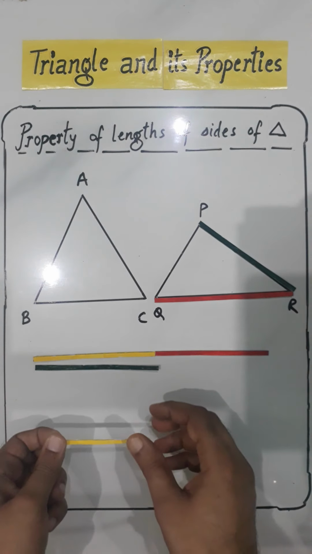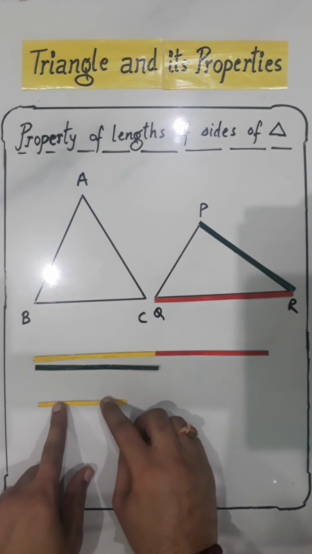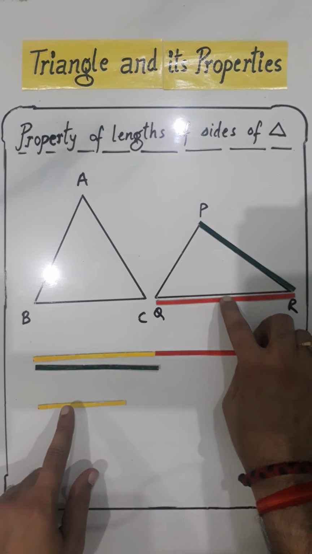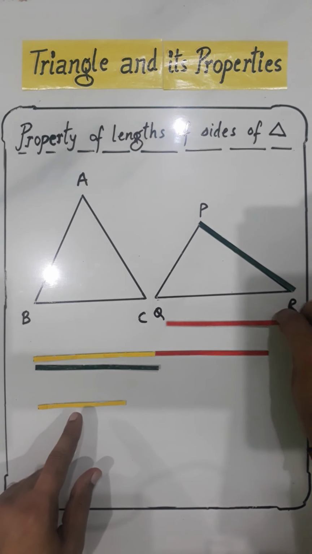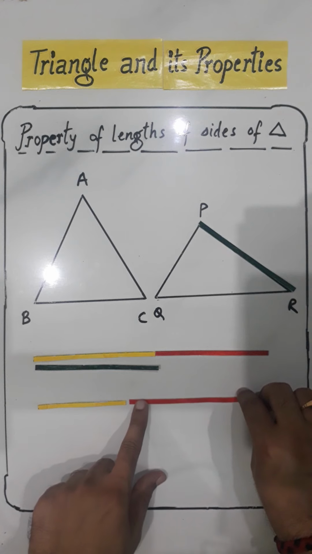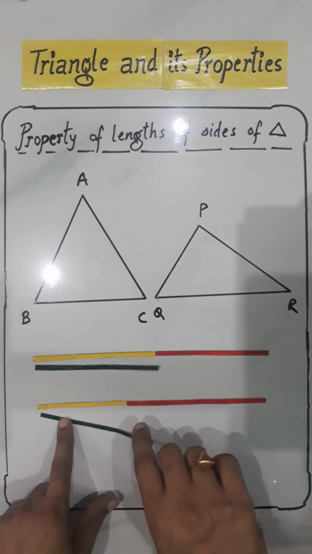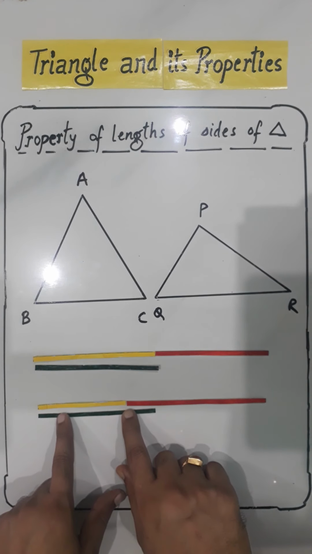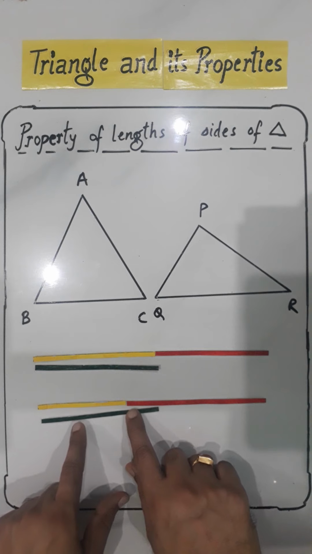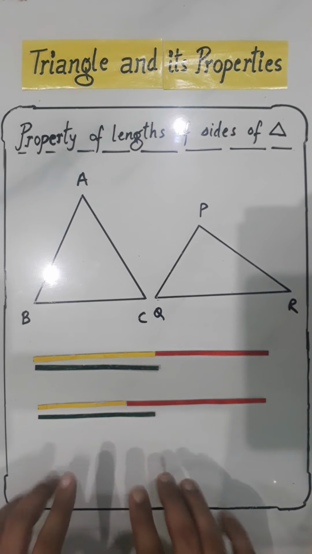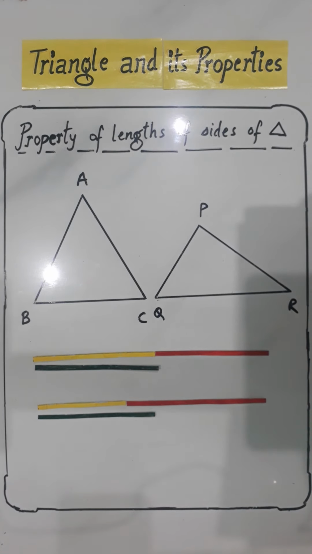Over here PQ is this much and PQR is this much. What is mentioned about the sum of two sides? The sum of two sides is greater than the third side. So let us see if it is greater or not. Yes, you see that the sum of two sides is greater than the third side.